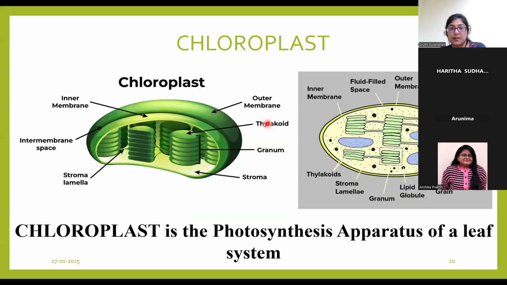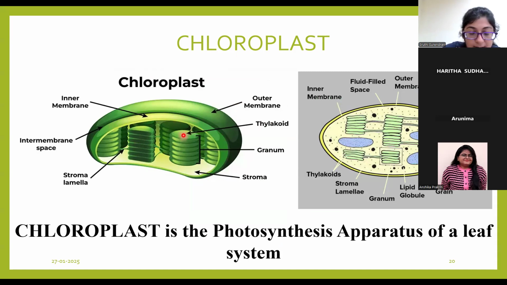So this is how a chloroplast looks. A chloroplast has an outer membrane and an inner membrane, and between these two membranes there is an intermembrane space. Within the chloroplast, you can see pancake-like or flat sac-like structures.